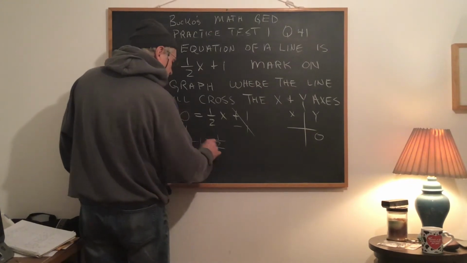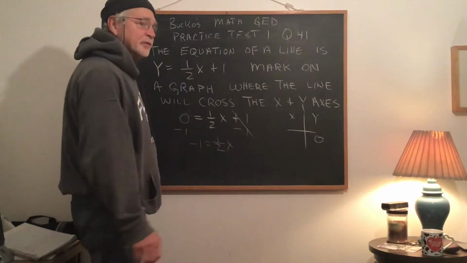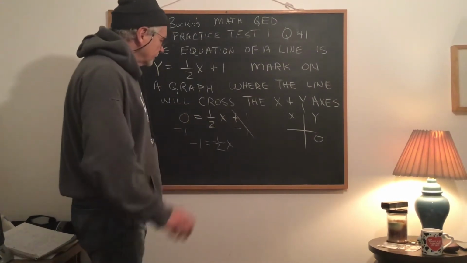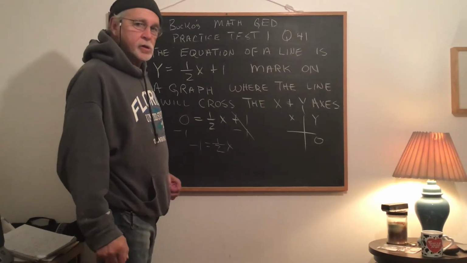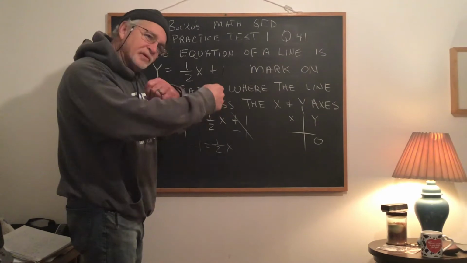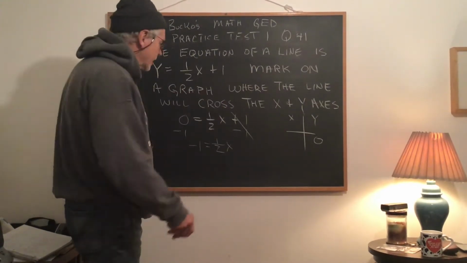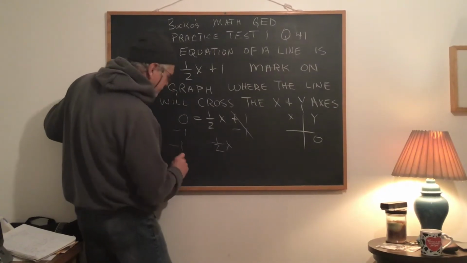Now to get rid of that 1/2, here's something new for you. We're going to multiply by the reciprocal of 1/2. The reciprocal of 1/2 means the flip of it. Just flip it upside down and multiply.